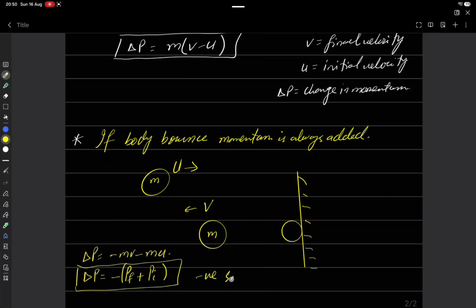The negative sign shows the final direction of momentum.